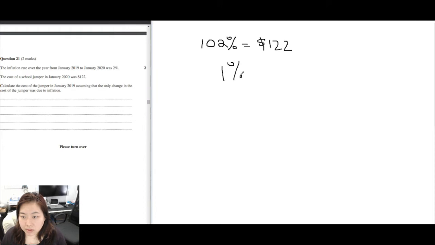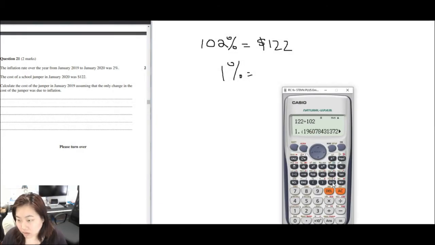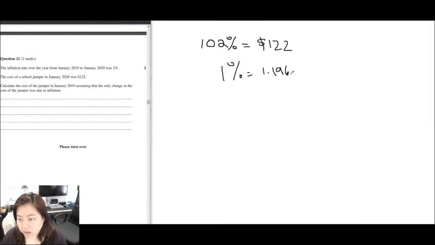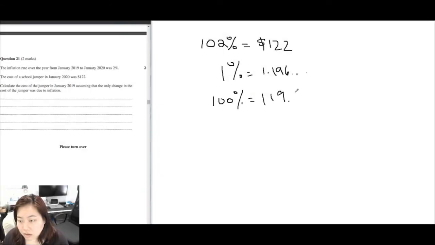Therefore 1% is 1.196, therefore 100% would be, in dollar terms, $119.61.